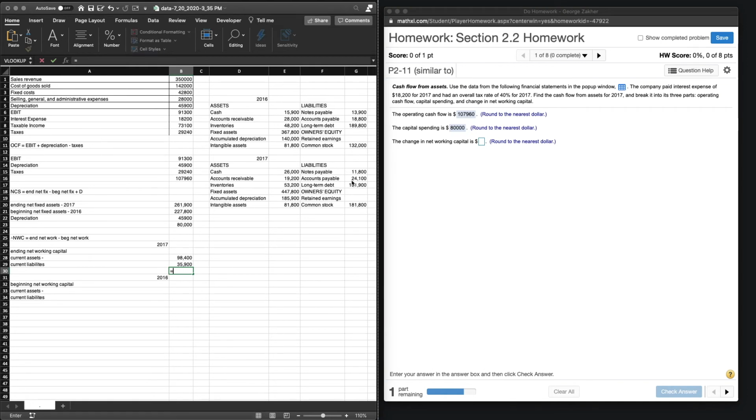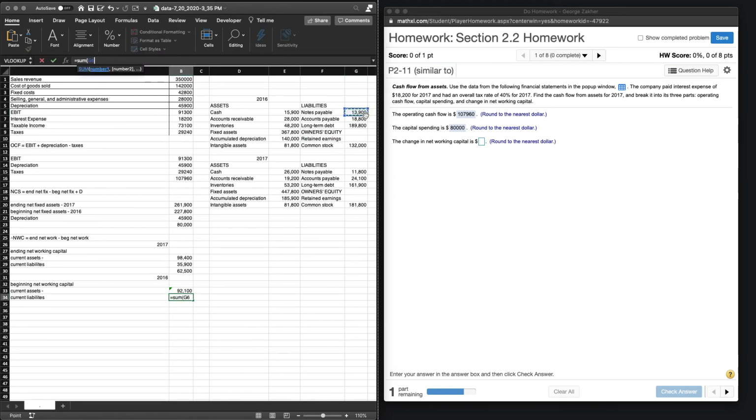We'll go ahead and do the same thing for 2016. Again, we're looking for the sum of our cash, accounts receivable, and inventory. Our current liabilities are going to be our notes payable and our accounts payable. Again, we're going to figure out the difference to give us our net working capital.